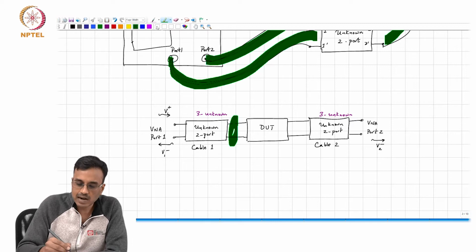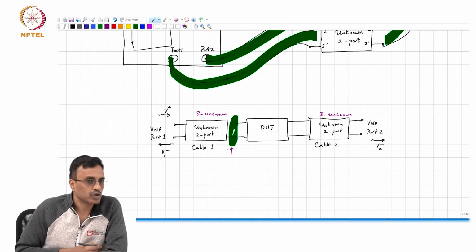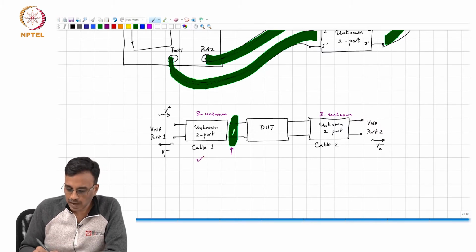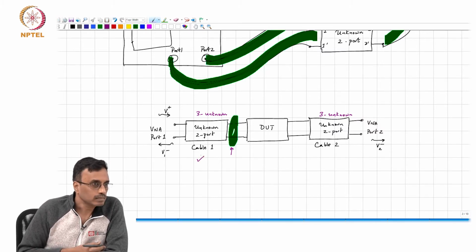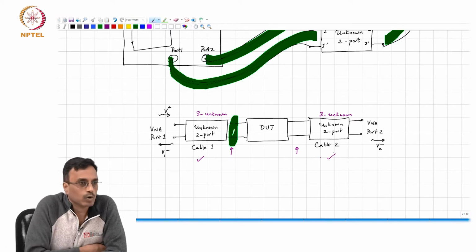You put in the 3 standards here: open, short, and 50 ohms, and from that you will be able to calculate the properties of that unknown 2-port, and likewise you do the same thing here, and you will be able to get the properties of cable 2.